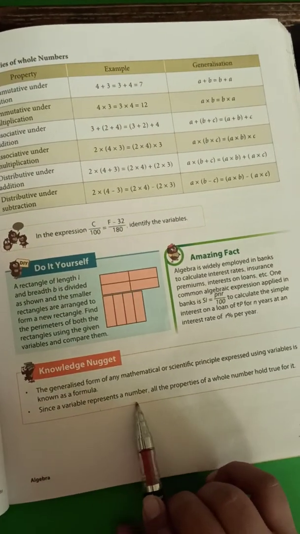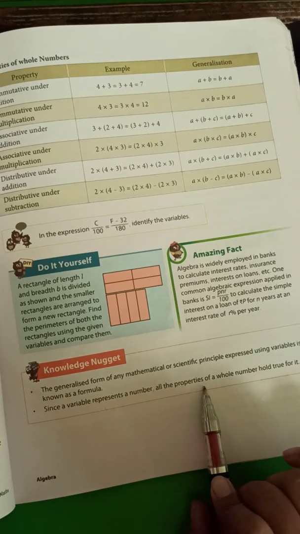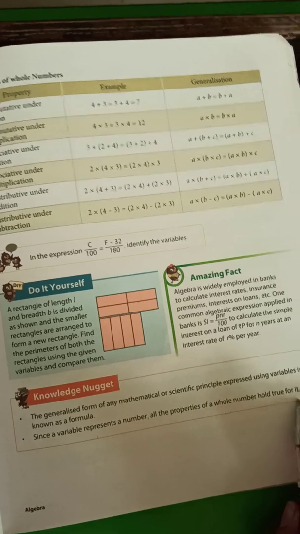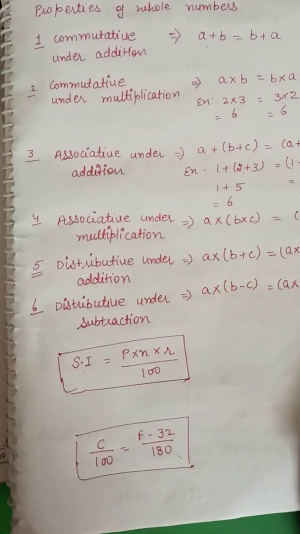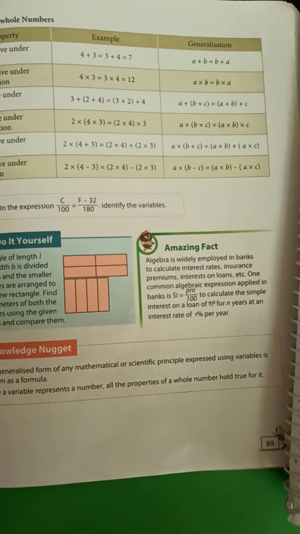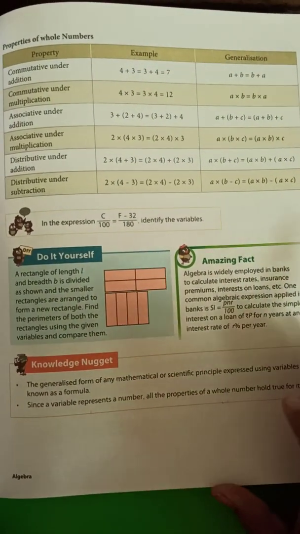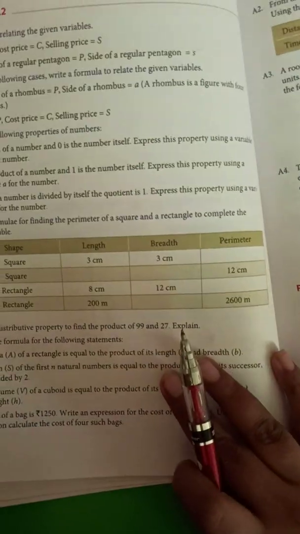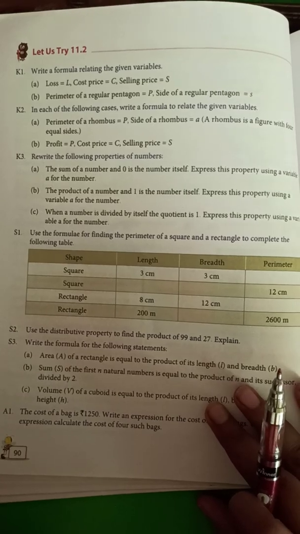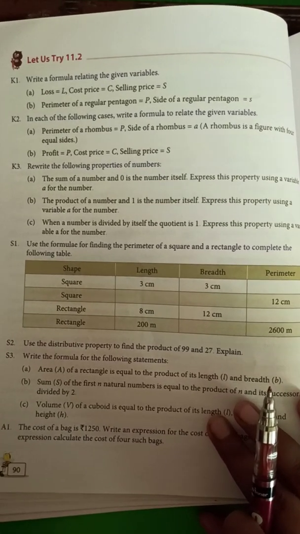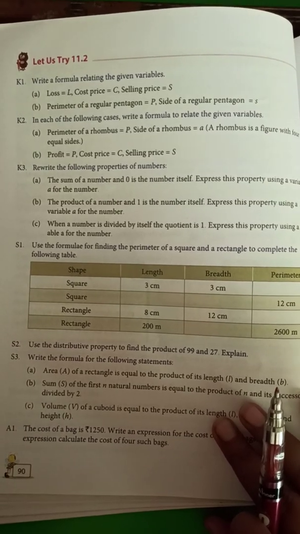Since a variable represents a number, so all the properties of a whole number hold true for it. These properties which we have discussed earlier are applicable for variables also, because variables also contain some values. So clear this. Now for today's work, try to do the exercise 11.2.